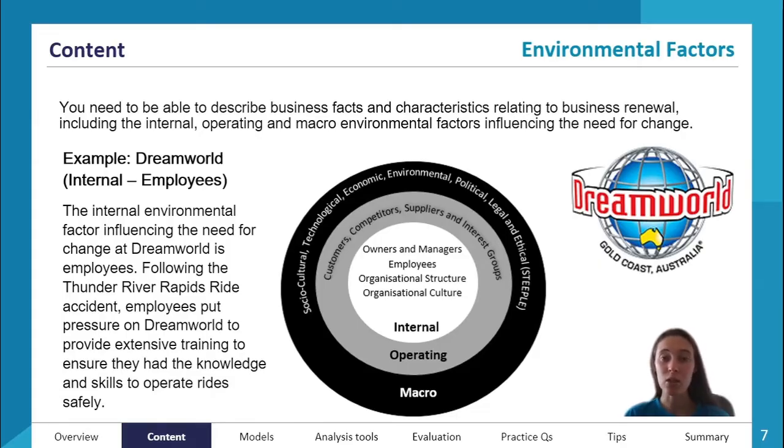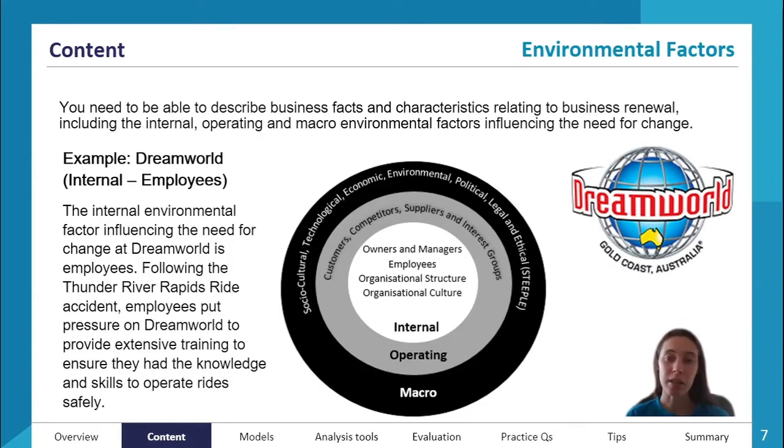And in this unit that you'll be doing for your external exam, it is about business renewal. So these facts and characteristics will relate to business renewal, and they will be the factors that influence the need for change. Why does the business need to change in order to remain strong in the industry?